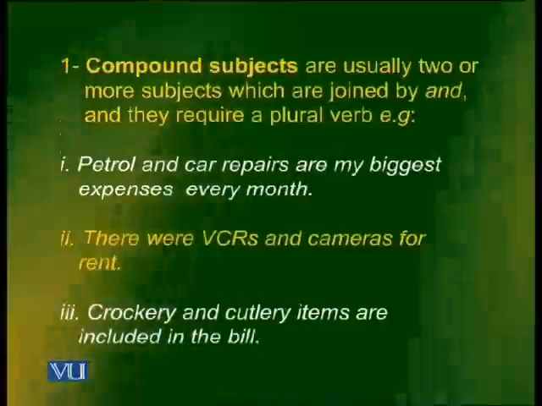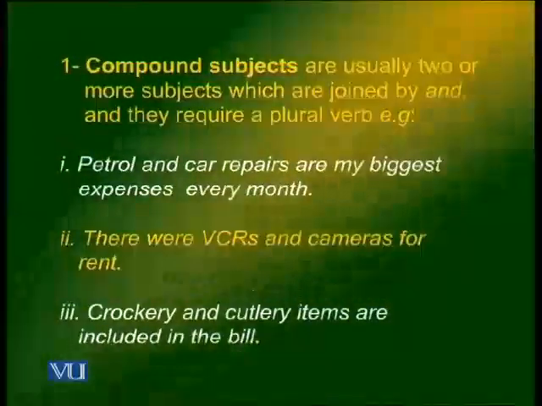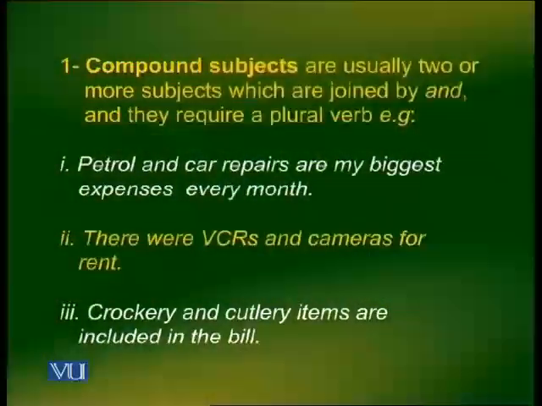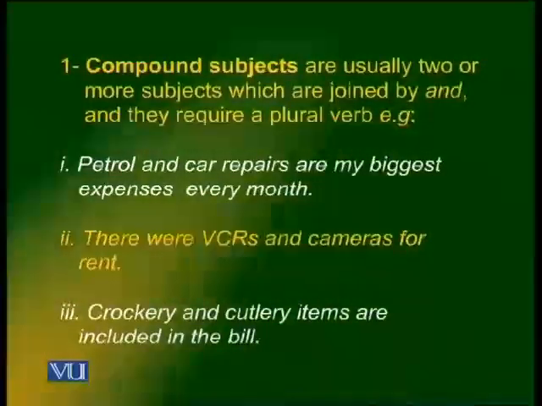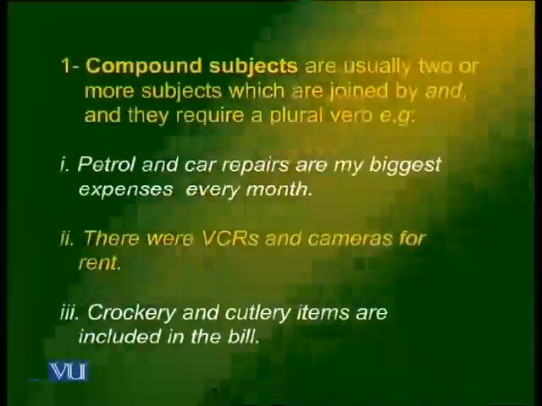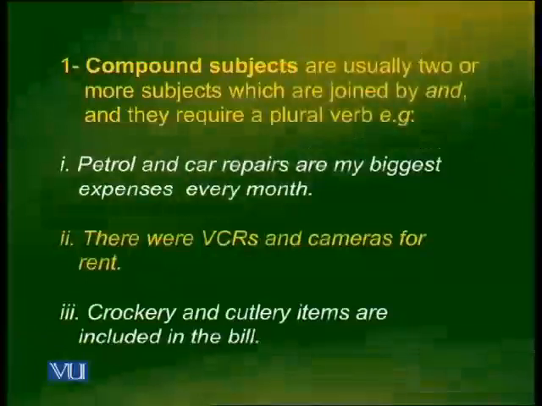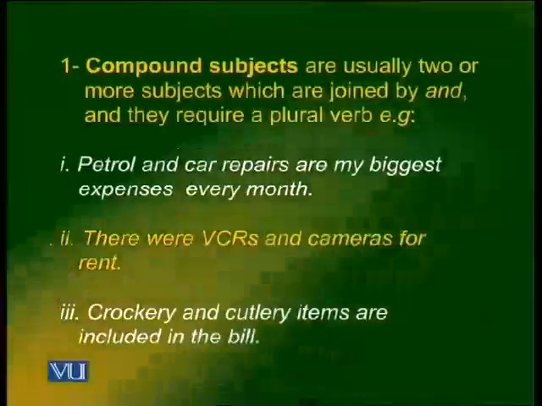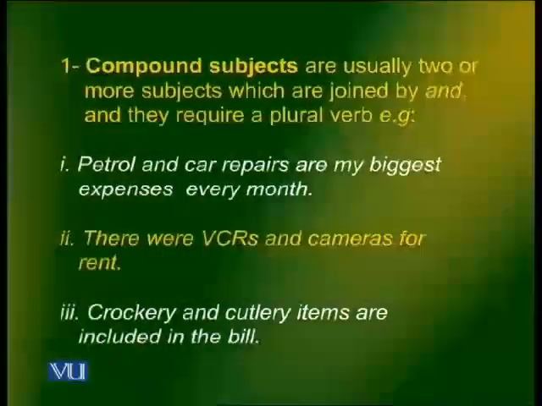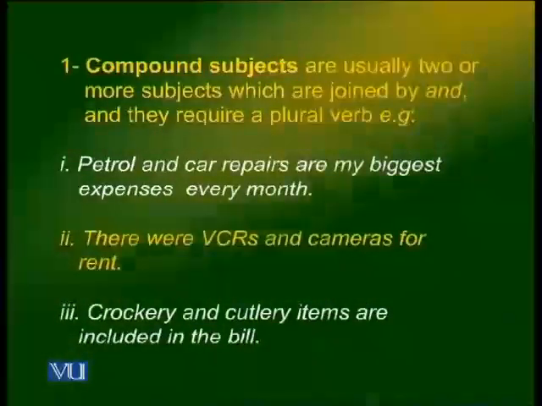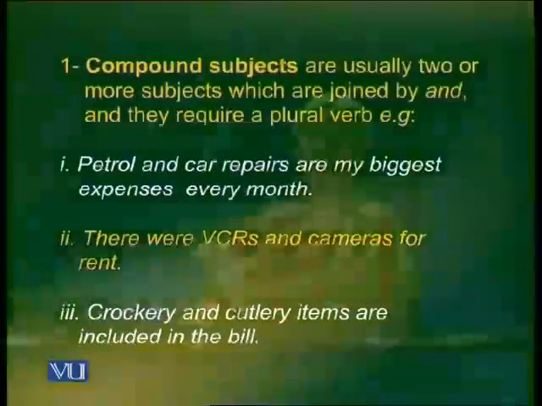It's a compound subject, two subjects, and they will take a plural verb, so the verb has to be were. Number 3, crockery and cutlery items are included in the bill. Crockery and cutlery are compound subjects, so the verb has to be are.